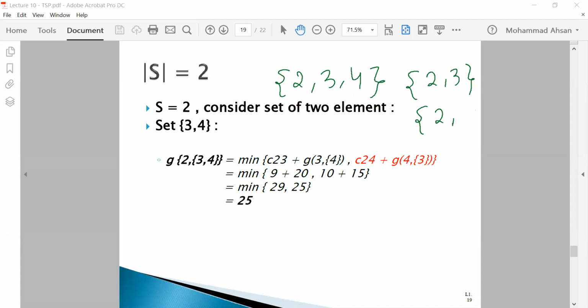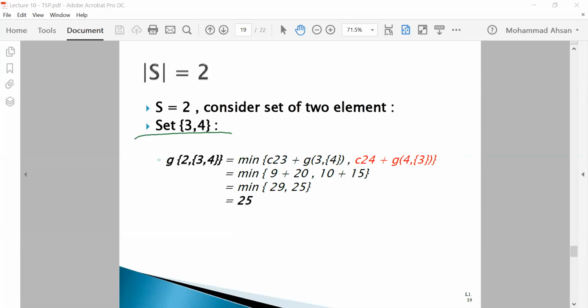Okay. So what I'm considering first is the set 3, 4. If 3, 4 is left to visit, the starting point left with you is only 2. So what this statement tells you is you have to start at 2. You could either go to 3, which is this case here, I just underline, or you could go to 4.